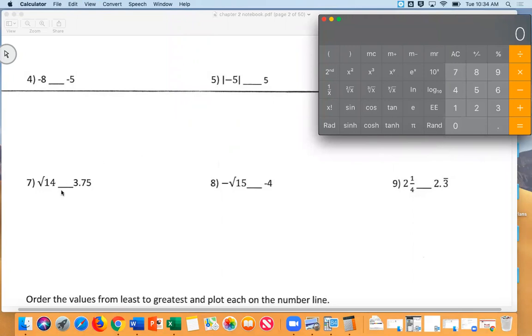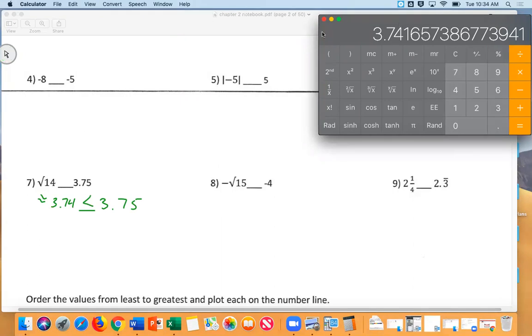I need the square root, that's going to be this little checkbox thingy here. I'm going to type in 14, and hit that square root, and I get 3.74. So if you look at that, this is approximately equal to, and I'm going to use little squiggles, 3.74, and then I'm going to compare that to 3.75. So which one's bigger? Well, of course, the 3.75.